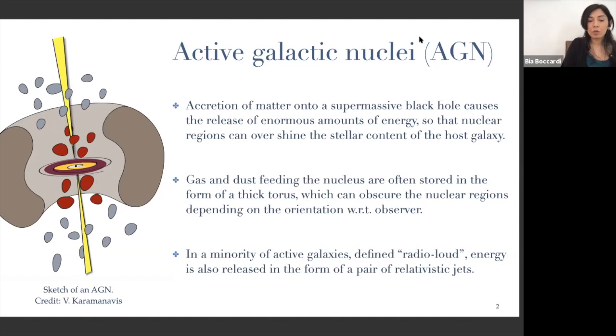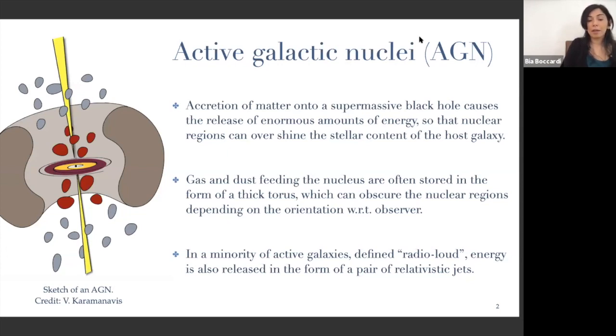Let me tell you already that this picture does not really apply to all active galaxies. It applies especially to the brightest objects which we know, in which the gas and the dust feeding the nucleus are stored in the form of a thick torus, which can obscure the nucleus depending on the orientation with respect to the observer.